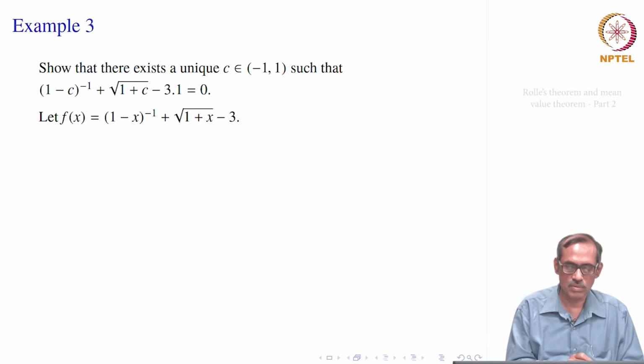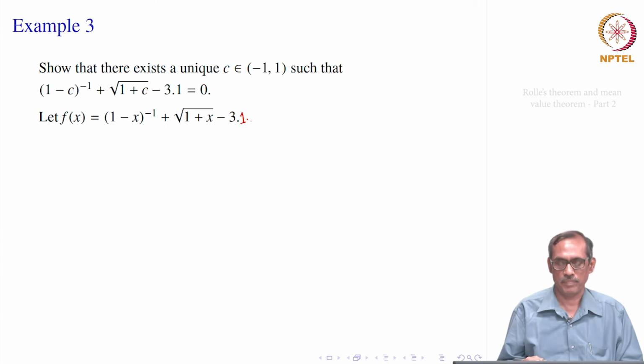So, for that what we do? We think of the function f x equal to 1 minus x to the power -1 plus square root of 1 plus x minus 3.1, whatever is given there.